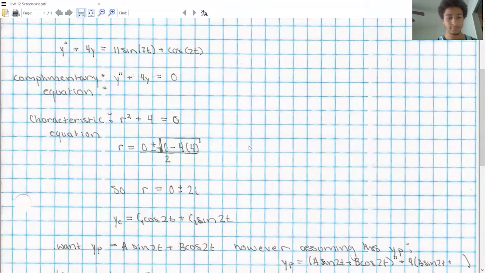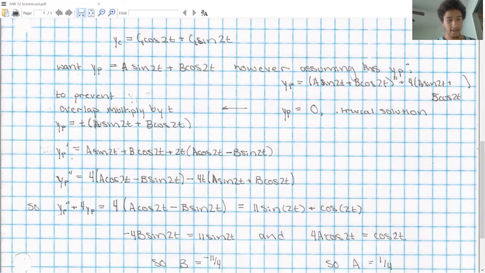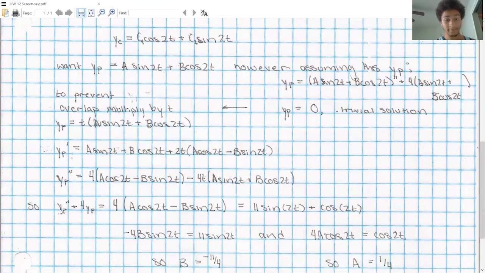So what we'll do is we'll take each of the derivatives up to the second. Okay, right here we use the chain rule. We use the chain rule again, and notice for this one we're using 4 y sub p, so we can multiply this by 4, and then we're adding it into y sub p double prime.